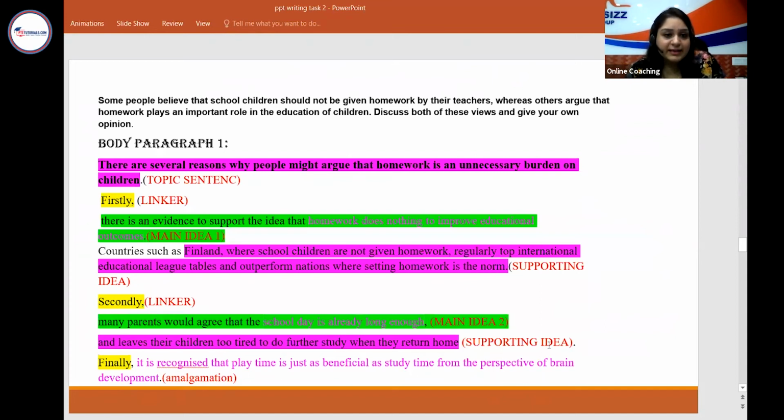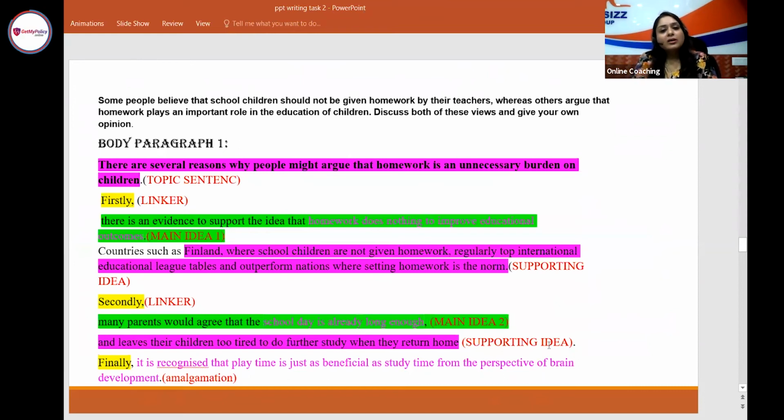Countries such as Finland. If you don't know the countries, you can just write it as per the survey. In many countries, the school children are not given homework regularly. Finland, where school children are not given homework, regularly tops international education league tables and outperforms nations where setting homework is the norm. So this is my support for why it is unnecessary.